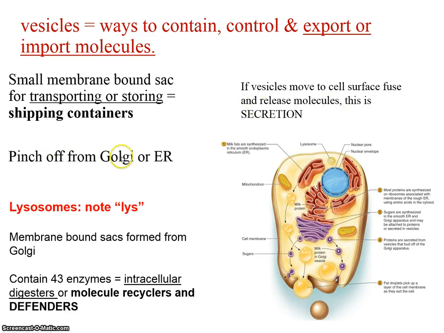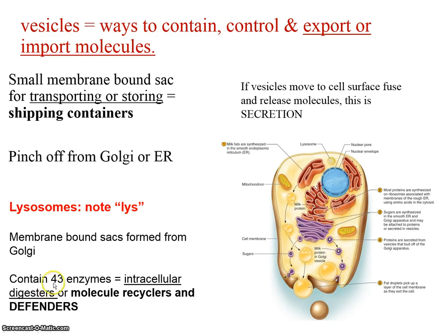These vesicles will pinch off either from Golgi or ER. And like I said, if they stay within, we call them a lysosome or a peroxisome, right? When you talk about lysosomes as a type of vesicle, they form from the Golgi, so this could be a lysosome. They're not trying to represent that here, but it could be.